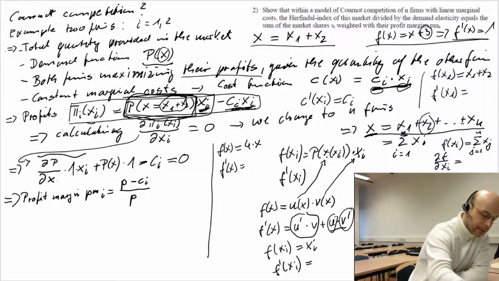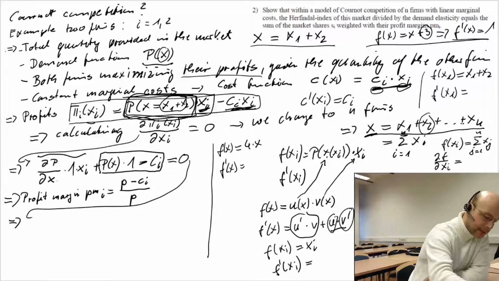And here, P minus ci we have already here. So from this optimality condition, we obtain this, and now I take this P of x minus ci.